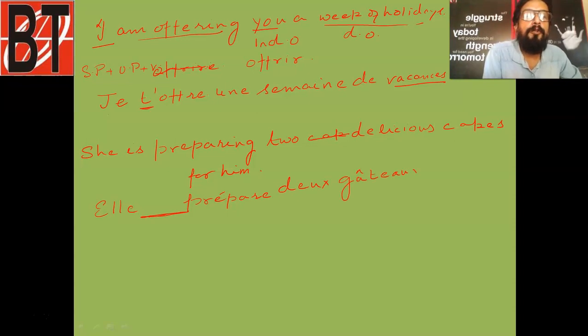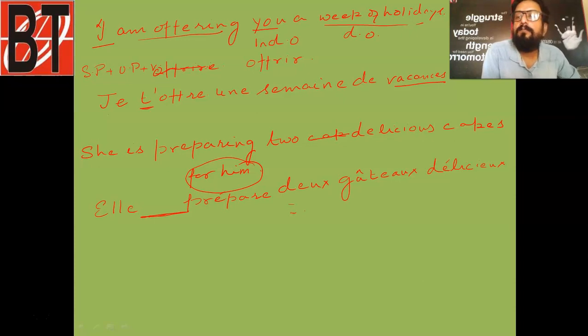Deux gâteaux, because gâteau is plural. Now look at this word, a beautiful word, délicieux, délicieux. Elle prépare deux gâteaux délicieux. This means she is preparing two delicious cakes, but she is preparing two delicious cakes for whom? So here you will write for him. For him. So how would you write?